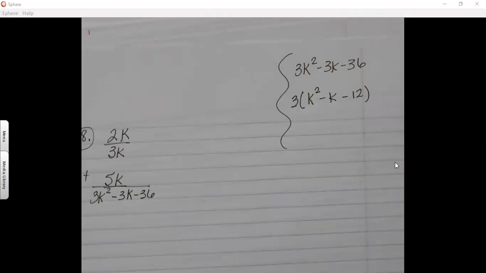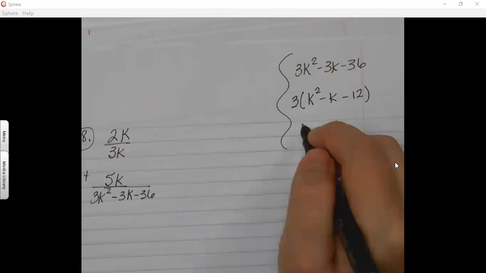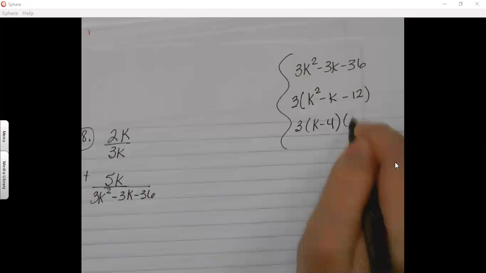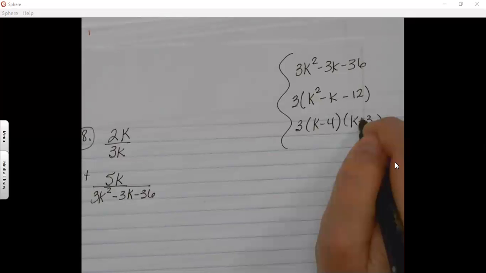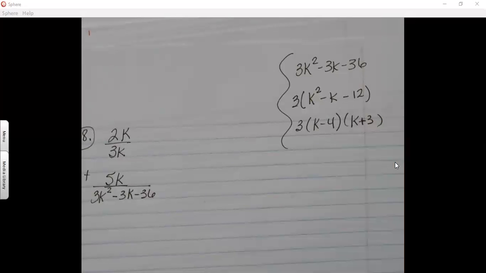Negative 4 or positive 3. So it should be 3 times k minus 4 times k plus 3. Negative 4 times positive 3 is negative 12. Negative 4 plus 3 is negative 1. Okay, so I'm going to rewrite my problem in factored form.